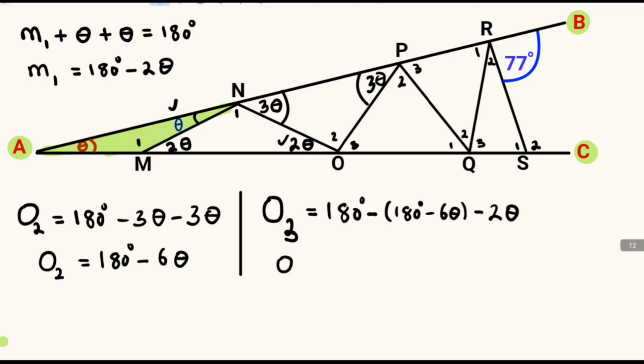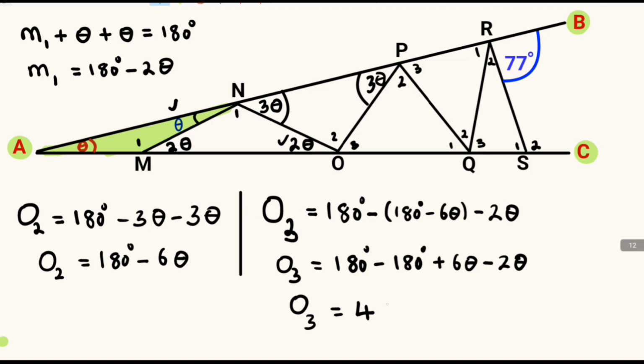So our O3 will be equal to 4 theta. And if OP is equal to PQ, then Q1 should be the same as O3. So we expect that Q1 will be equal to 4 theta.